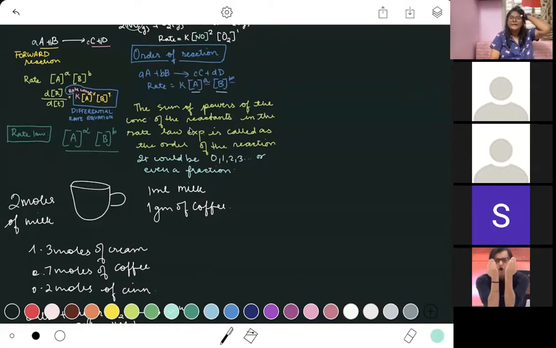Now, if we are going to find out the rate of reaction, and also how this rate of reaction is going to be written down, and so many other things you're interested in finding out, I know logically you are not interested in this, but for the purpose of examination, let's assume you are.